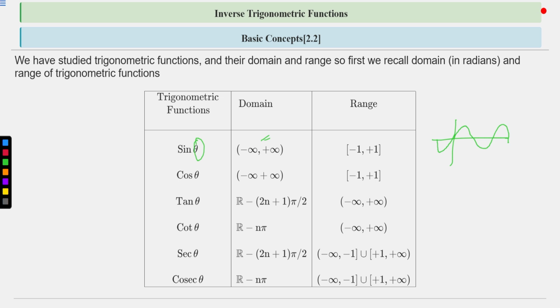Here, the graph of sine theta is like this. You can see that the upper part is 1 and lower part is minus 1. So sine theta will always lie between plus 1 to minus 1.